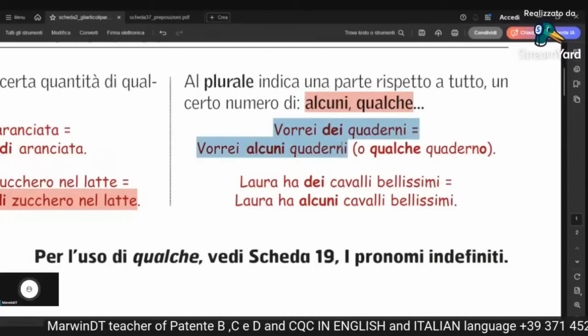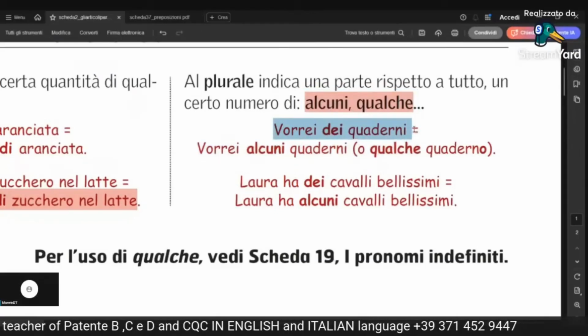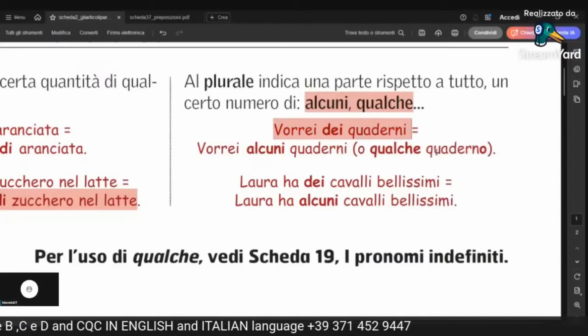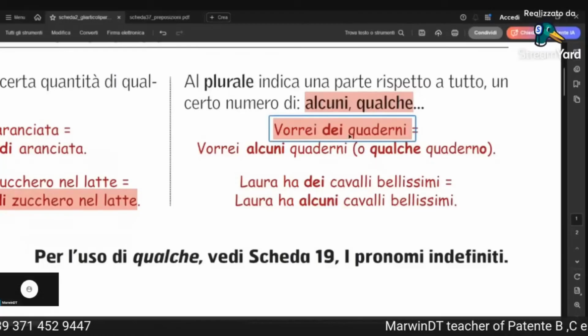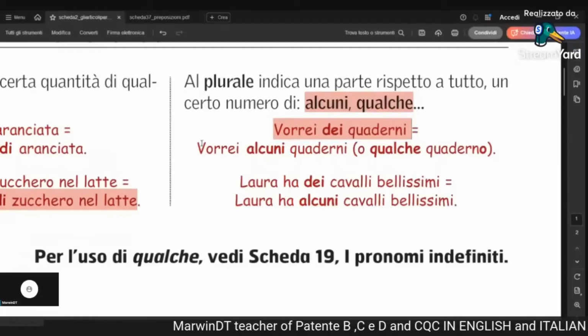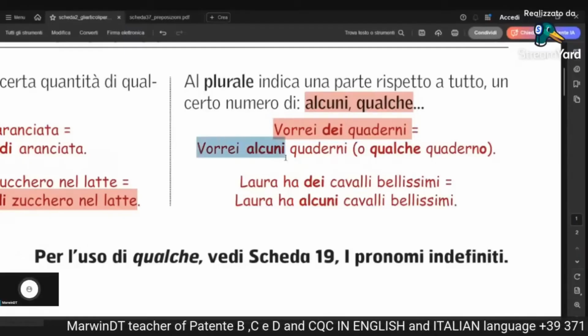Example. Vorrei dei quaderni. I would like some books. Quaderni, some books. Second, vorrei alcuni quaderni.